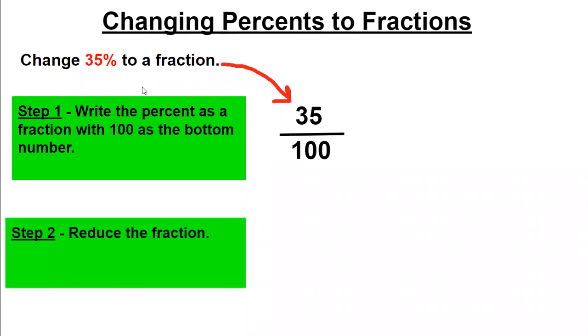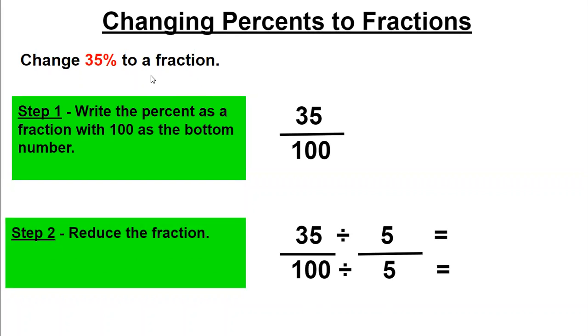And then step 2 is just to reduce the fraction. How do I reduce? Well, I figure out the biggest number that will go into both 35 and into 100. If I don't get the biggest number, that's okay. I might have to divide twice. That's perfectly fine. So 35 over 100 divided by, we're going to use 5 because that's the greatest common factor.